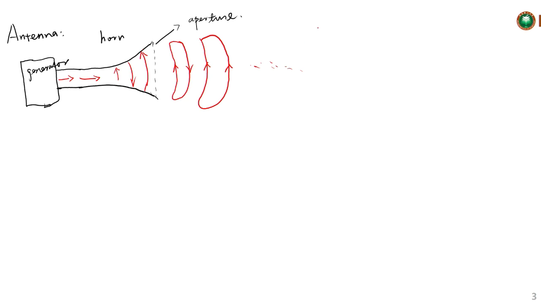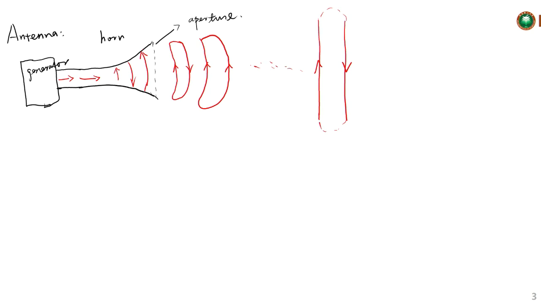After that, over a long distance, in the far field or far zone, they become plane waves. This is what we already use for the analysis of electromagnetic wave propagation, and we take it as the far-field condition, because its phase front can be regarded as a flat plane.